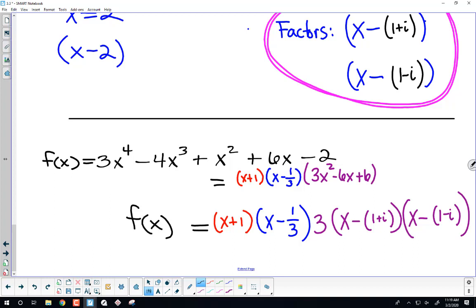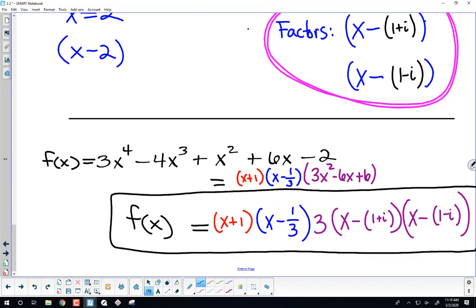And that's the same as our original function. So there's f of x factored into its 4 linear factors.